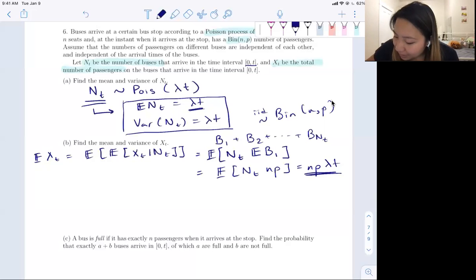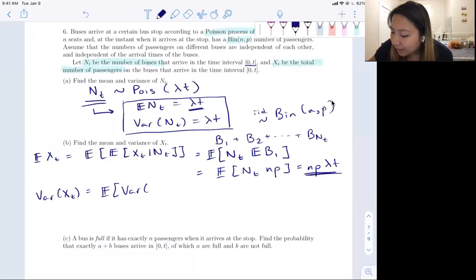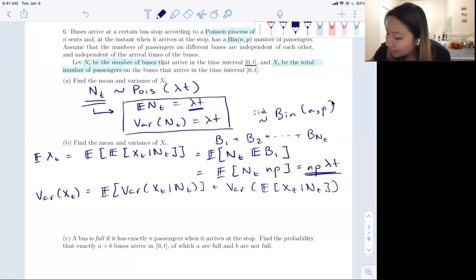And now for the variance. The variance of X_t, via Eve's law, is the expectation of the variance of X_t given N_t, plus the variance of the expectation of X_t given N_t. We already found this expectation, so that's the variance of N_t times np.